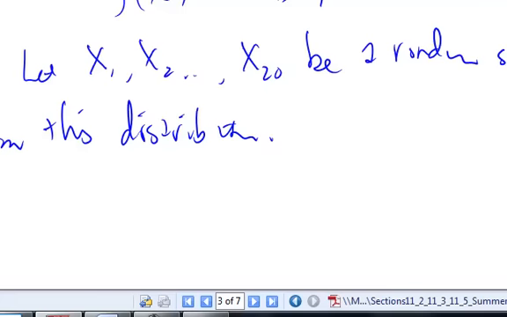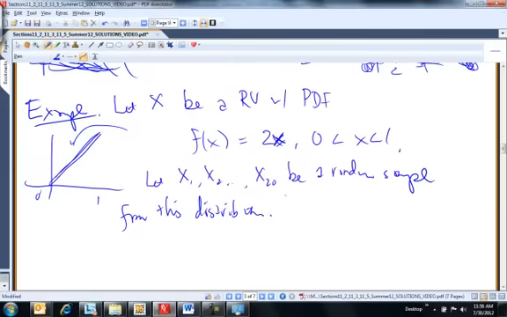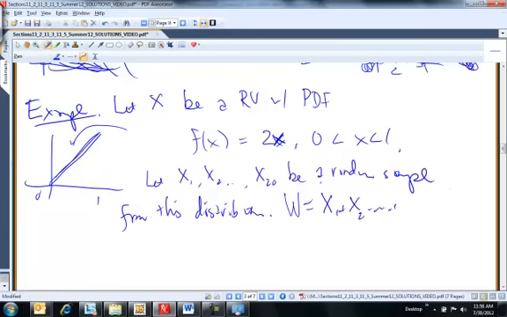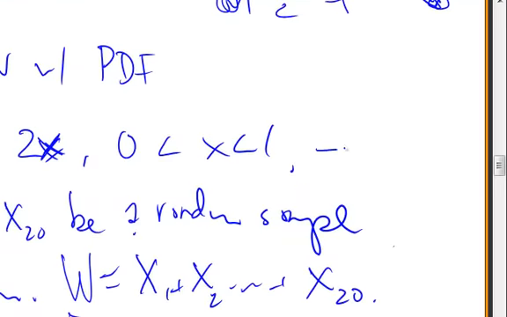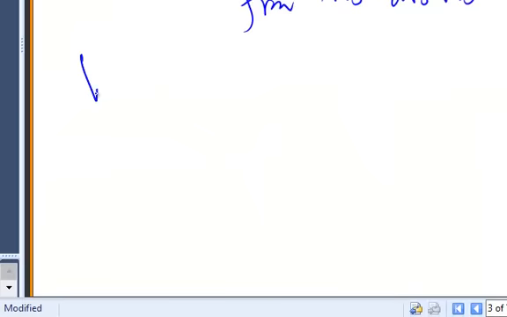I'm going to pick 20 random values from here and then sum them together. Let W be the sum of these 20 random variables. And I can assure you W is going to have a nice normal shape.